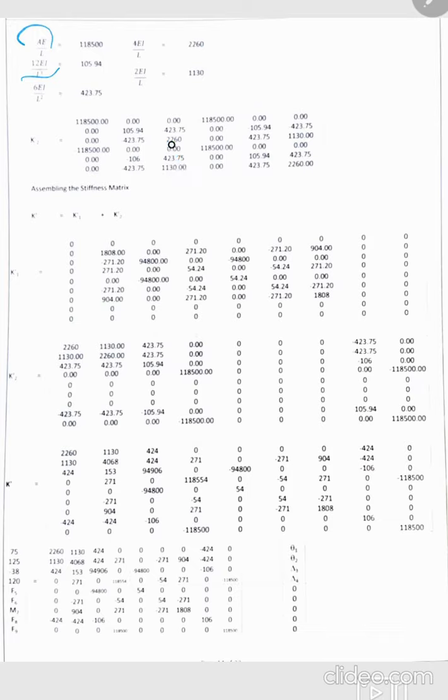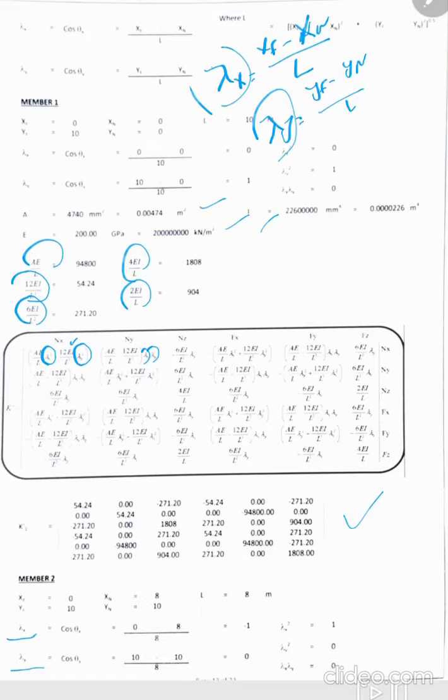This is the values of the matrix for member number 2. Let me give you the numbers. Actually, maybe it's unclear. This is the 6, 5, 7. You can go to previous videos about the truss to see why I give these numbers.